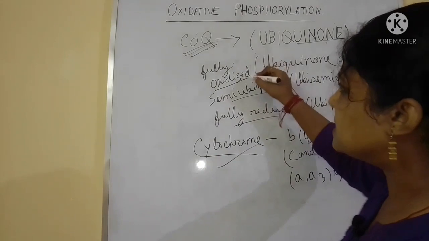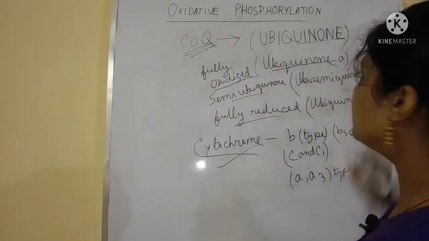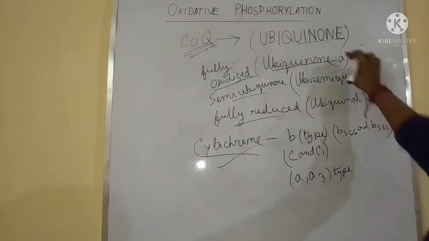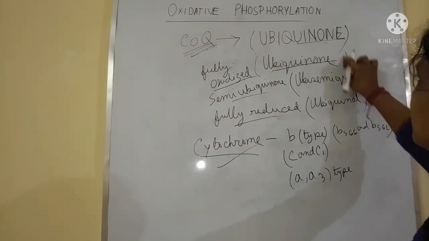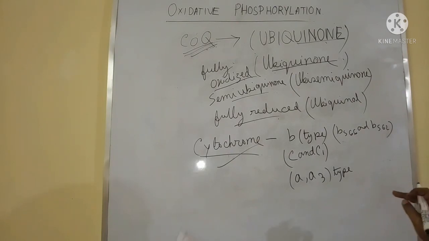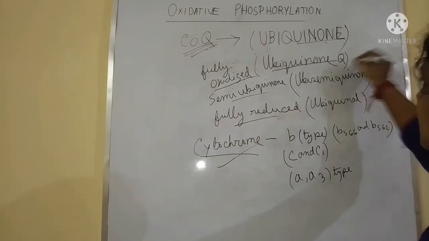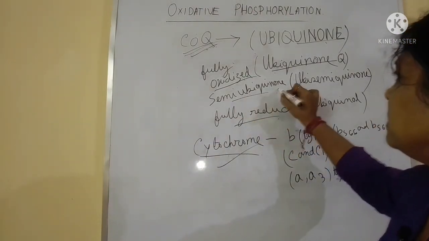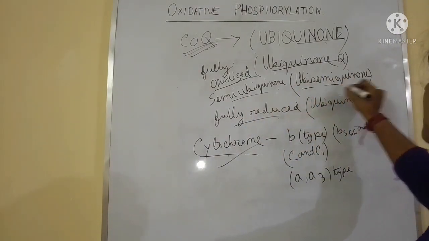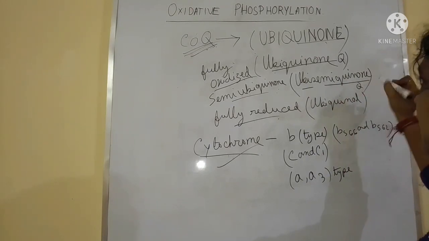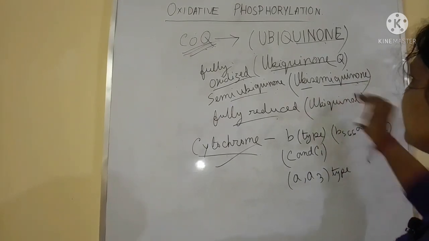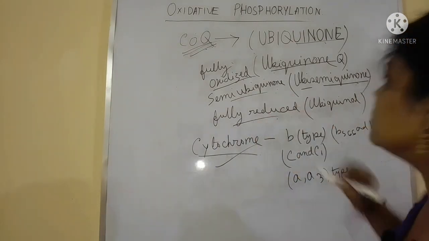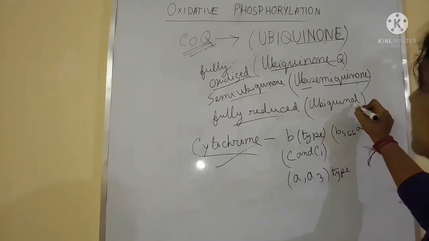The fully oxidized form is known as ubiquinone, Q. Second one, the semi-ubiquinol, its name is ubisemiquinone. Clear? Fully reduced form is known as ubiquinol.